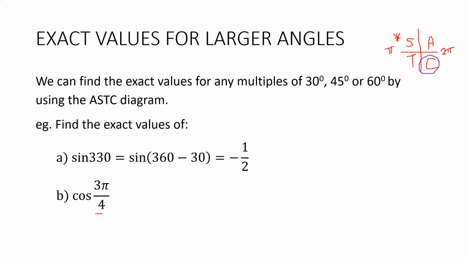And I'm going to rewrite it as pi minus pi on 4. So that'll give me cos of pi take away pi on 4. Alright, in this quadrant in here, cos is going to be negative. So it's going to be equal to negative cos of pi on 4.